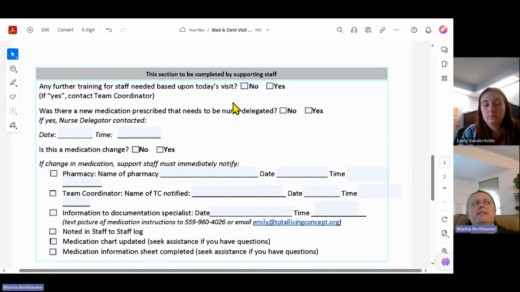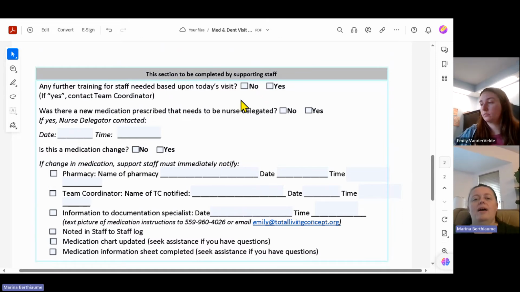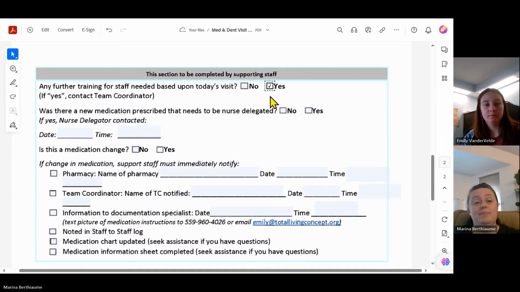And so we're thinking, oh, this is something new for this team. So how are we going to make sure that everybody is on the same page with what this doctor has recommended? So that would be a yes if something new has been introduced to what this person's needs are based upon what the provider has told you during this appointment.